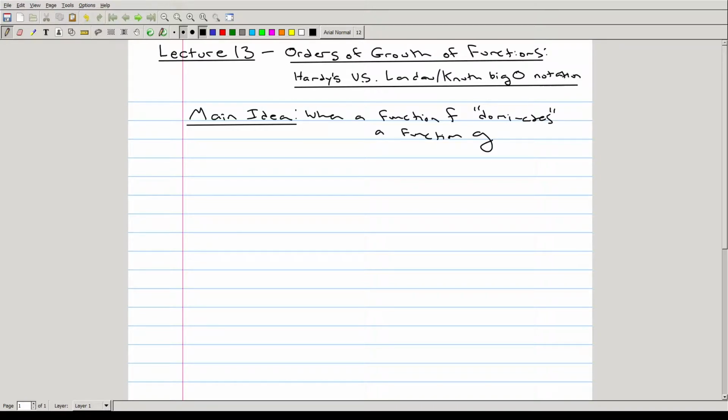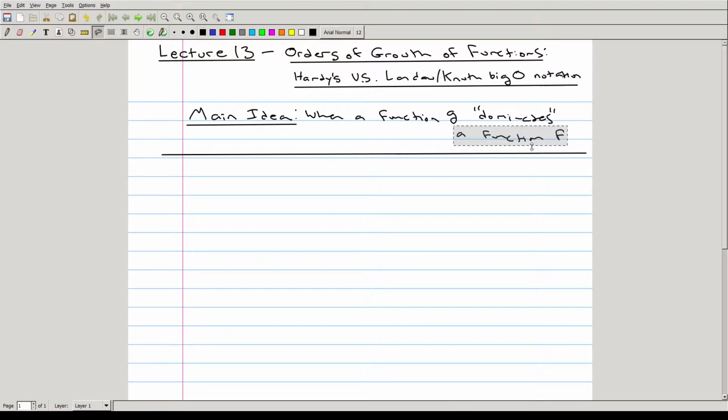Or vice versa. And I suppose I'll actually switch these two, because typically we use f to denote the more complicated function, and g is a simpler function.